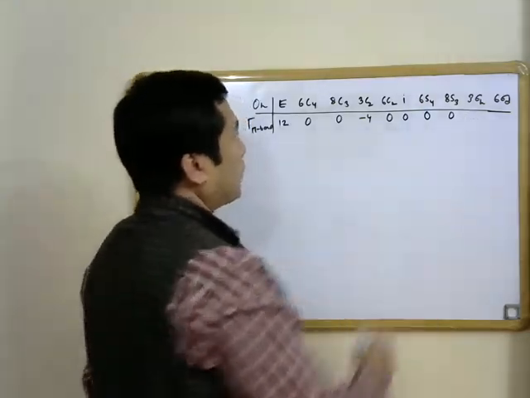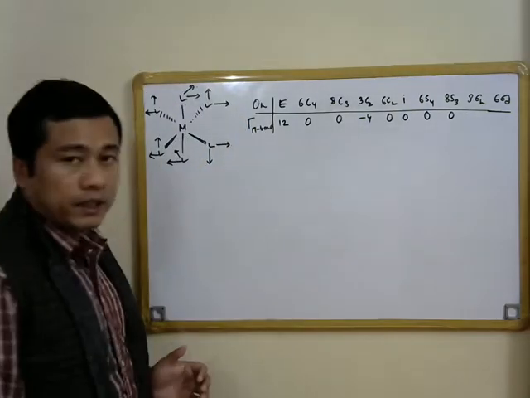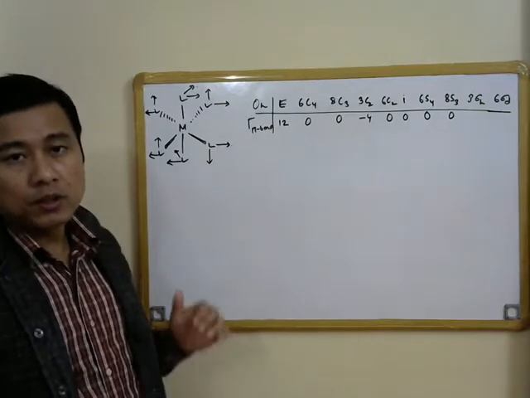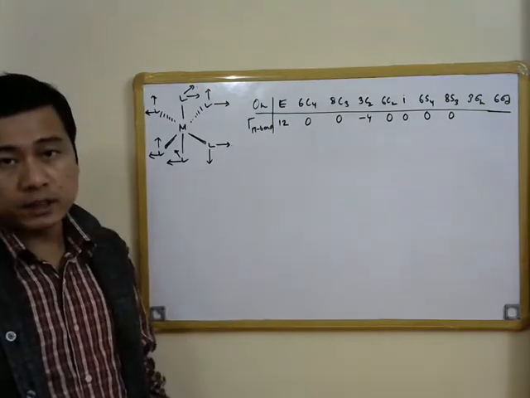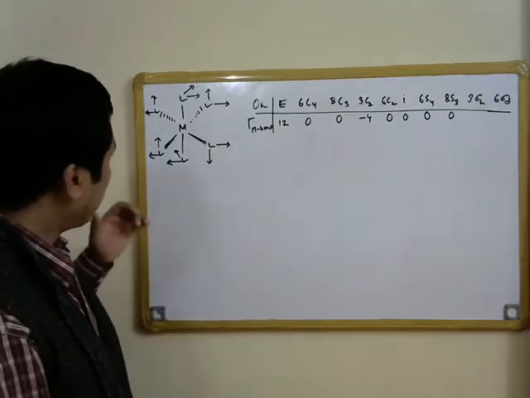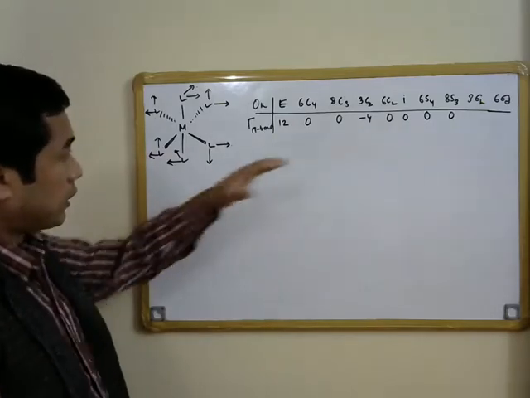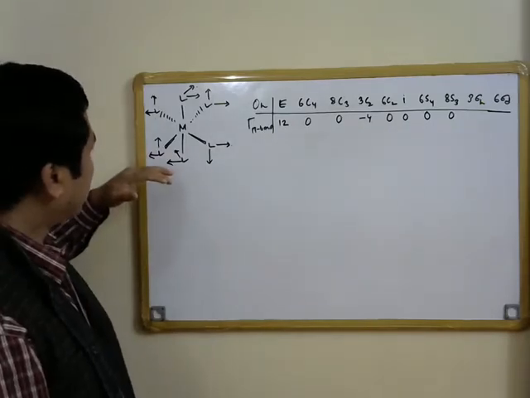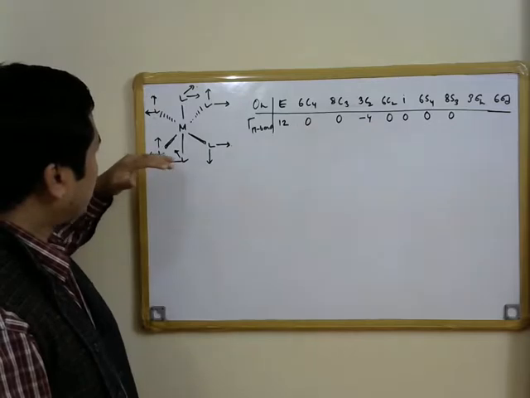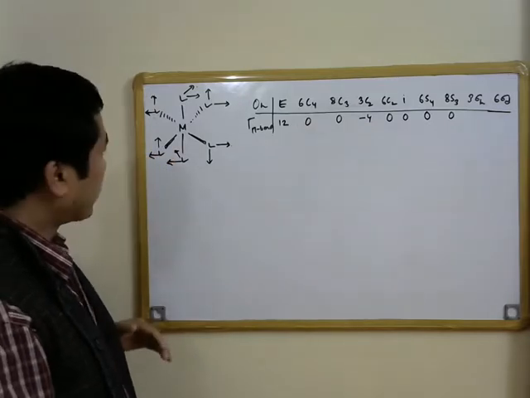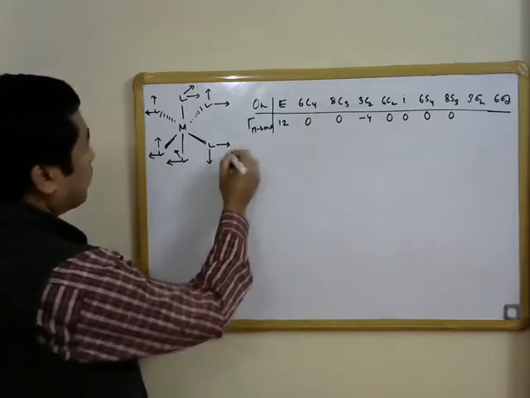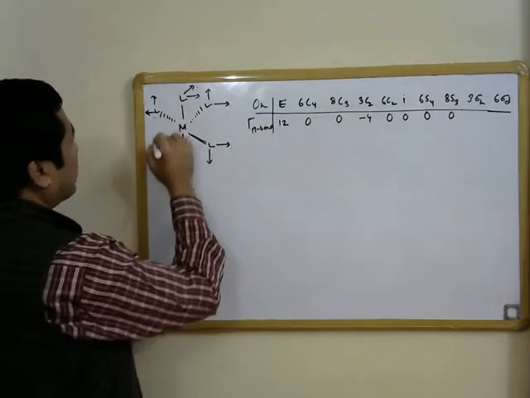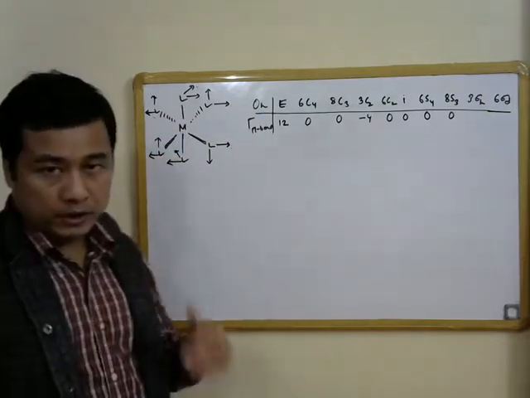Now when we do sigma h, 4 of the ligands do not change position, but the 2 axial ligands change position. If we assume sigma h to lie on a plane perpendicular to the plane of the board, then these pi bond vectors which lie on the plane of the board will not change direction.